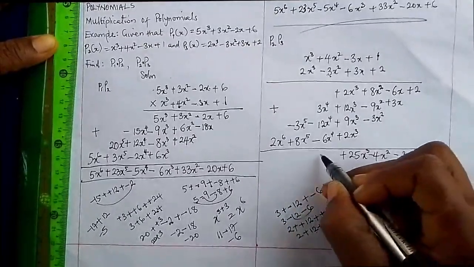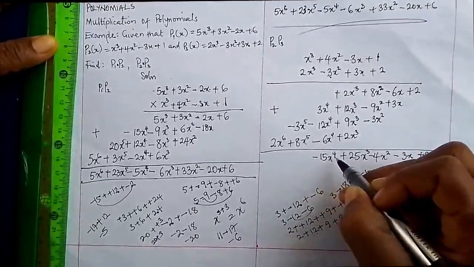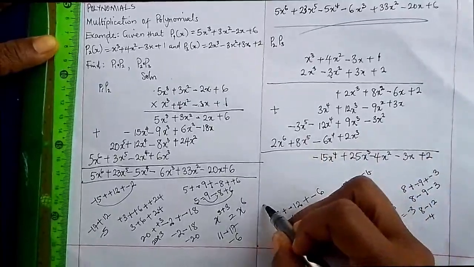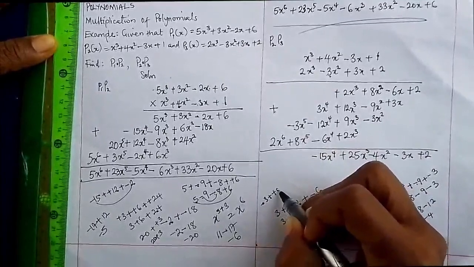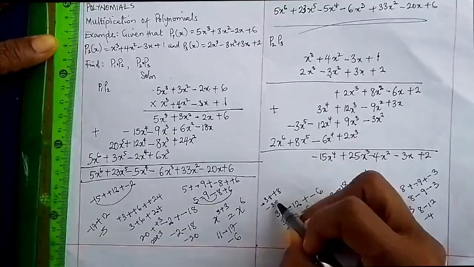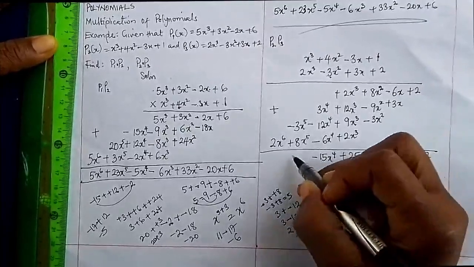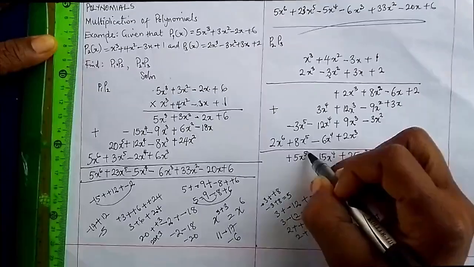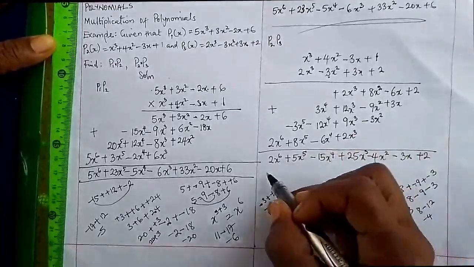So we have minus 15x raised to the power of 4. Move to the next one. Minus 3 plus 8 will give you 5. So what we have here is positive 5x raised to the power of 5. Then you bring down the next number, 2x raised to the power of 6.